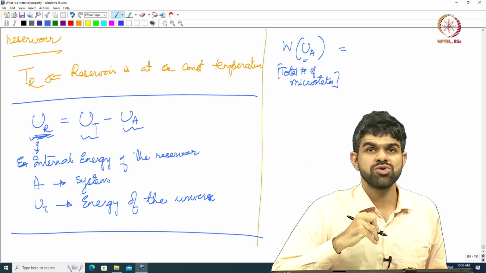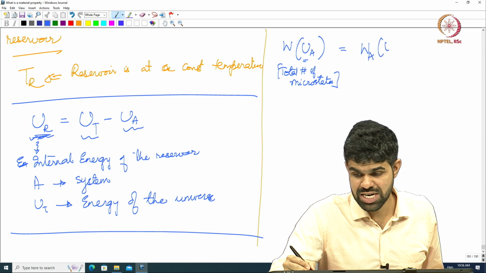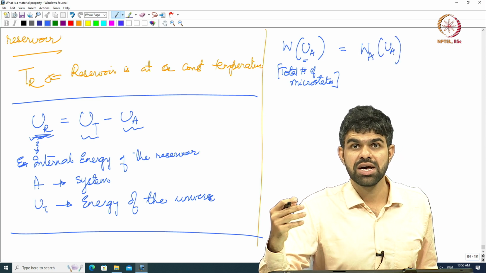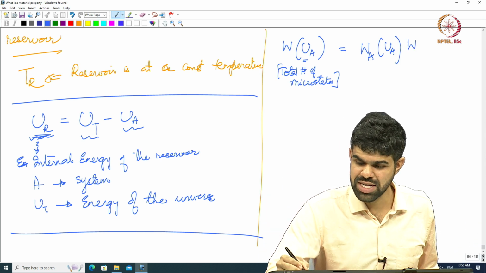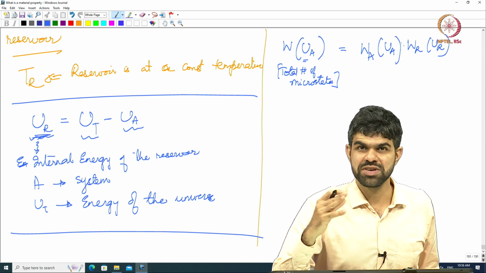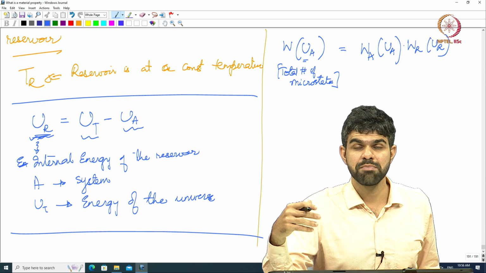Right. Now, the total number of microstates is nothing but the number of microstates in the system itself, right. So the system has a certain number of microstates, and the reservoir has a certain number of microstates, and both of them are independent of each other. They are exchanging energy, but the particles are not changing.